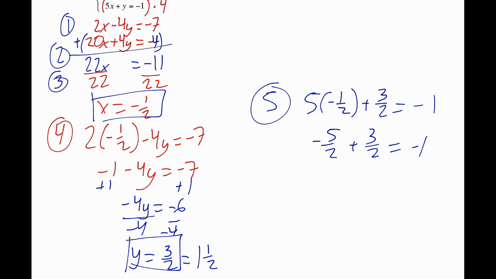Negative 5 over 2 plus 3 over 2 gives us negative 2 over 2 equals negative 1, and that is sure true. So we know that we found a true solution to this system of equations.